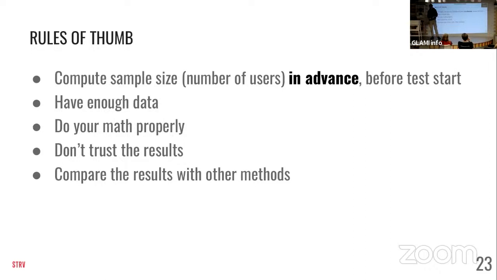There are some simulators on the web, and you risk that the answer is simply wrong. So don't look at the results before reaching the pre-computed sample size. Having enough data is, I think, the most crucial one.